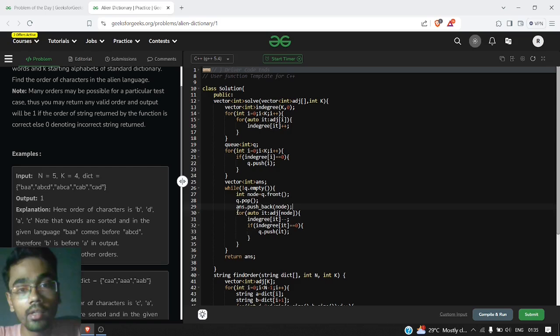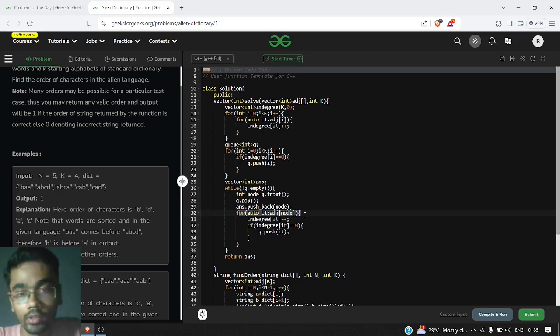Now we need to go to its adjacent elements and remove its in degree, because in topological sort we try to remove that element from the graph and see what all changes it does. It gets disconnected from its adjacent elements. So what does that mean? We need to decrease the in degree of its adjacent elements.